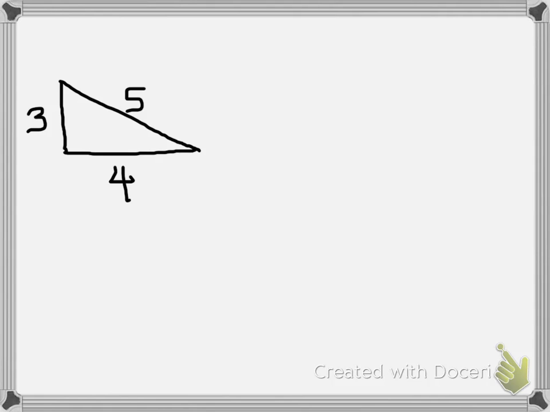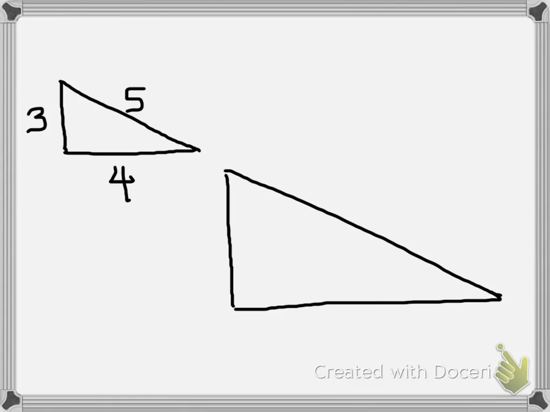Now if we make another triangle that's the same shape, and we use a scale factor of 1 to 2, that means the first triangle has a factor of 1 and the second triangle has a factor of 2 compared to the first triangle. In other words, every side of the second triangle is twice as much as the first triangle.